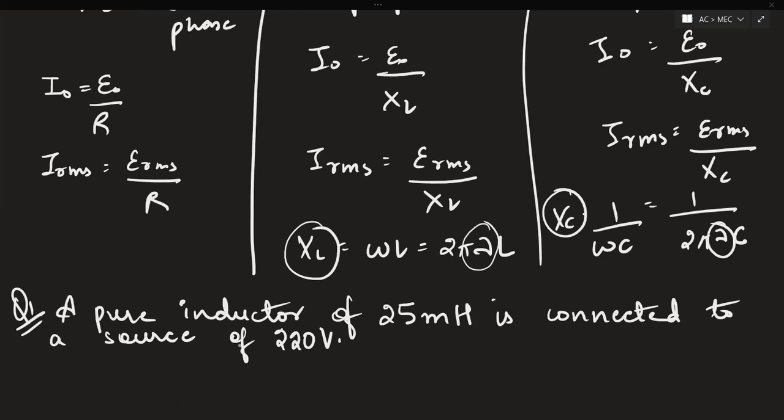Whenever it is given in the question that something is connected to a source of this much, it means this is the ERMS value.